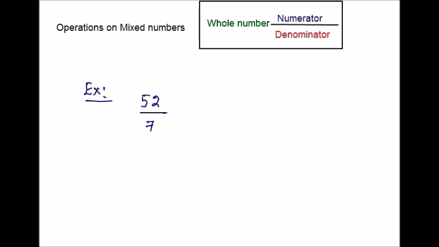Here is an example. Here I'd like to show how to convert this improper fraction into a mixed number. First, find how many 7s there are in 52. That is, we are going to find how many 7s, that is the denominator, there are in the numerator. So 7 times 7 is 49.